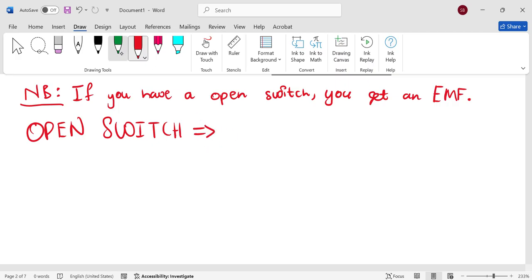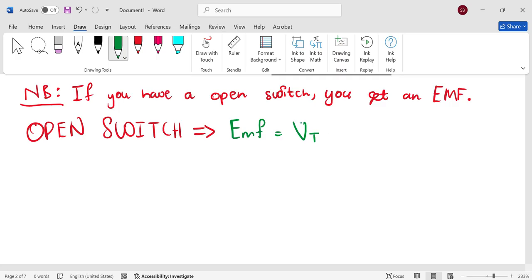So with an open switch, your EMF is equal to the V total. Your voltage across the entire circuit is equal to the EMF. The EMF is read as the voltage across the entire circuit if and only if you have the open switch.